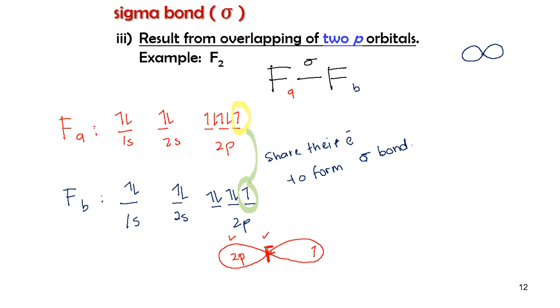For F B, I'll draw it in blue color, and this is your other dumbbell. So draw and label the atom, and then label the 2p orbital where you got the single electron from, and then pair up the electron, and label the sigma bond in the middle to show the overlapping.